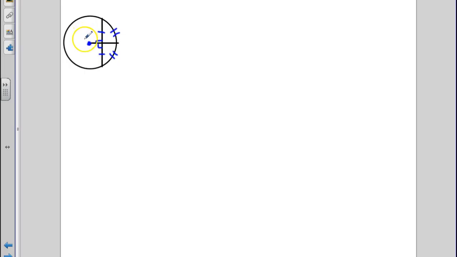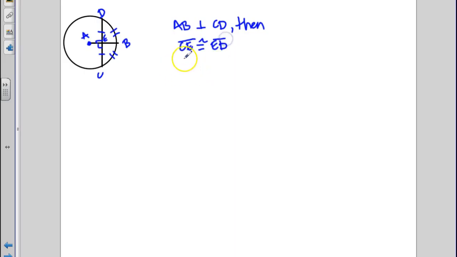Let's go ahead and do, how about A, B, C, D, call that E. All right, so AB is perpendicular to CD. Then we know that CE is congruent to ED. And also arc CB is congruent to arc BD.